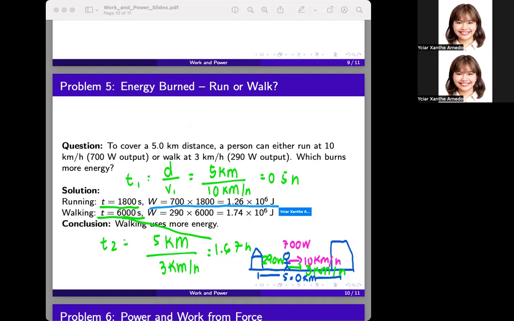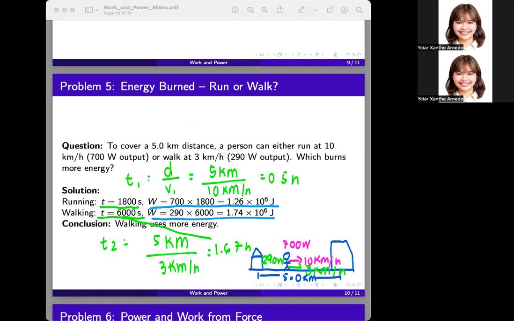For the running, we multiply 700 watts to 1800 seconds. We get 1.26 times 10 to the 6 joules. For walking, we multiply 290 watts to 6,000 seconds. We get 1.74 times 10 to the 6 joules. And the conclusion is that walking actually uses more energy.